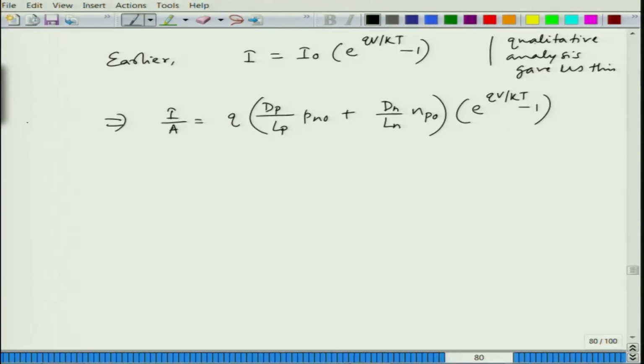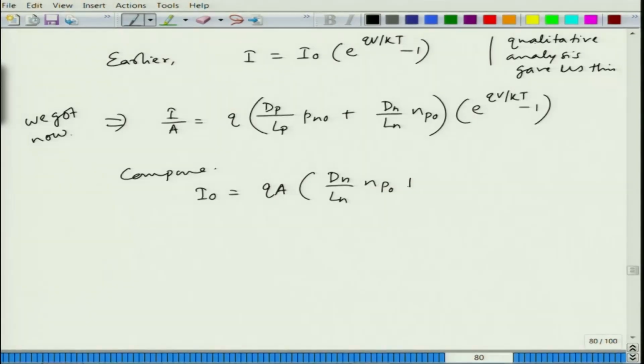So we got this. Now, if you compare what you get, I0 is nothing but qA multiplied by Dn/Ln np0 plus Dp/Lp pn0, right.